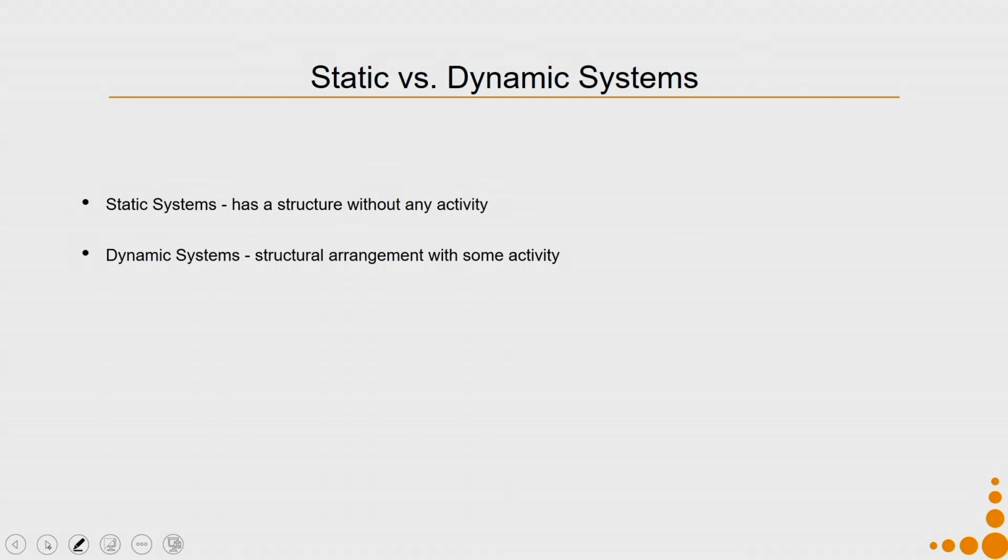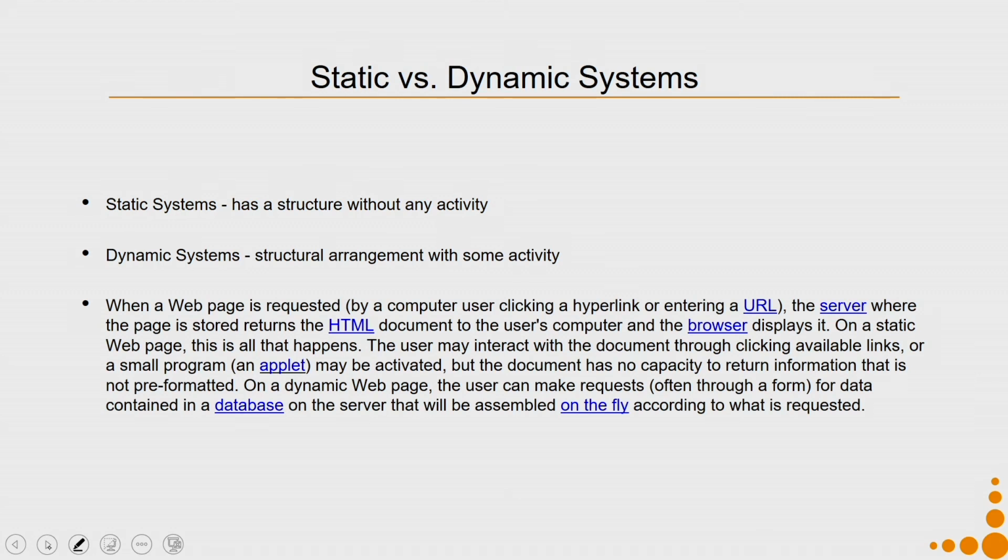Whereas dynamic systems do have a structural arrangement with some activity, and they might be interacting with each other. Say, for example, when a web page is requested by a computer user by clicking on a hyperlink or entering a URL, the server where the page is stored returns the HTML document to the user's computer and the browser displays it. On a static web page, this is all that happens.